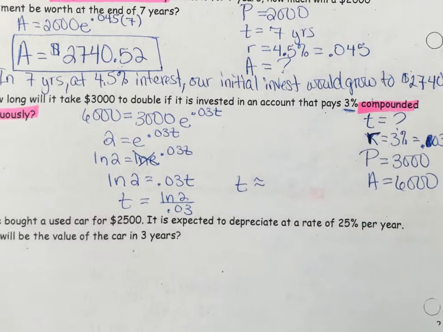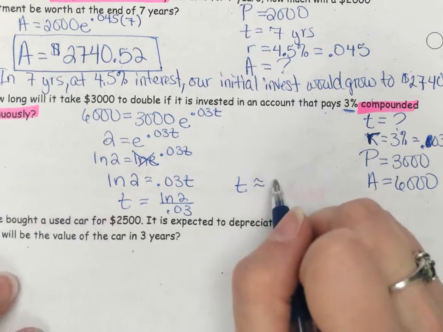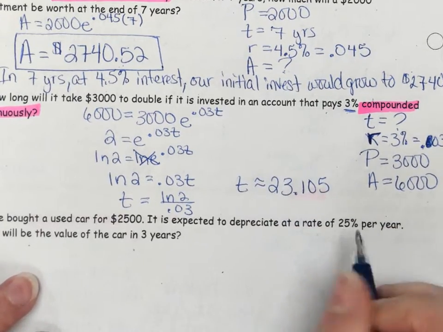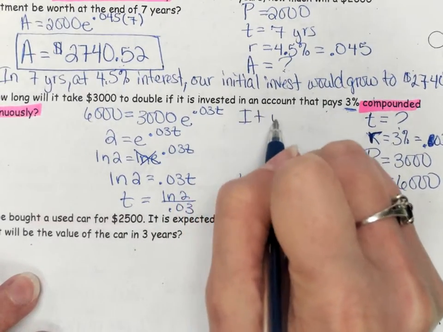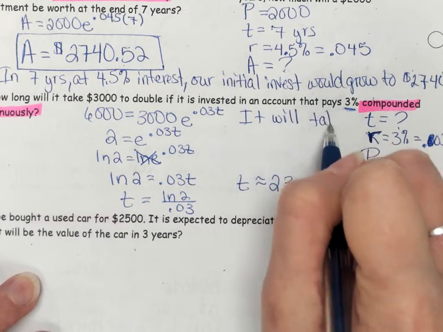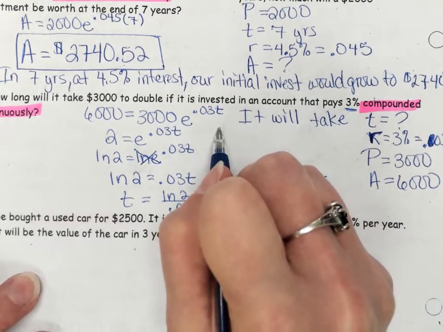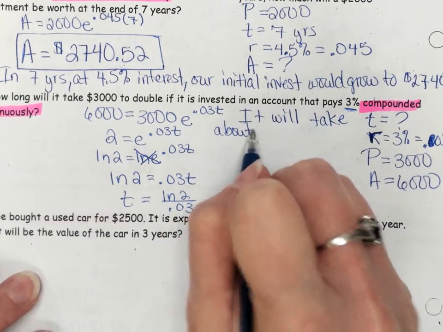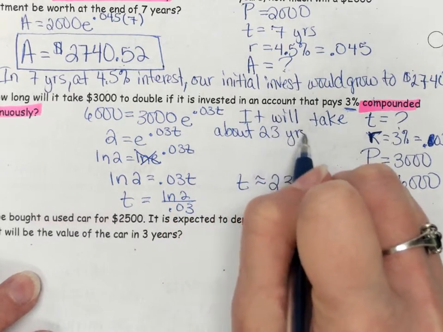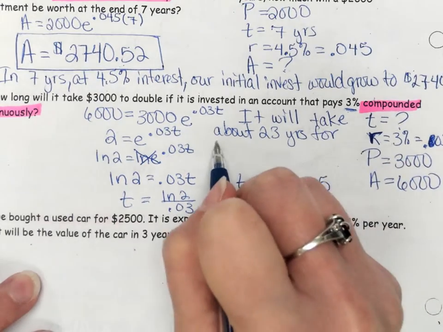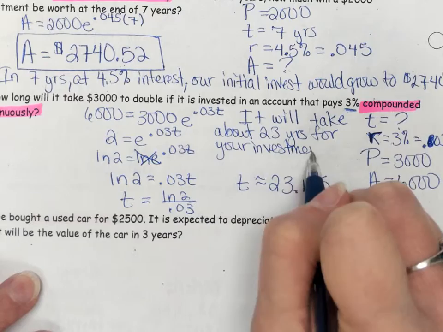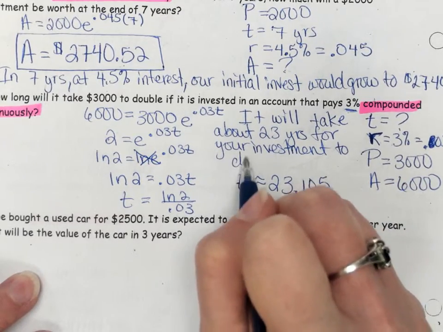And how long is it going to take your money to double at 3%? 23.105 years. So it will take about 23 years for your investment to double?